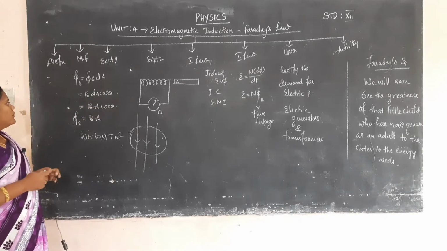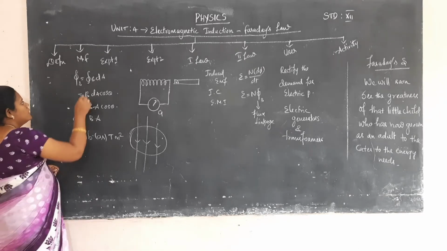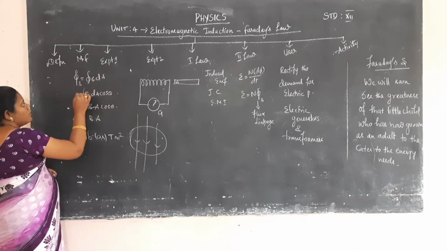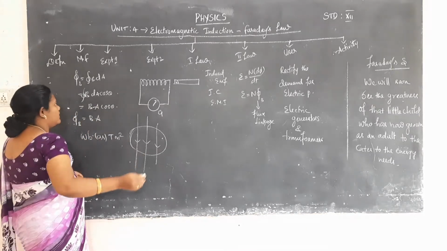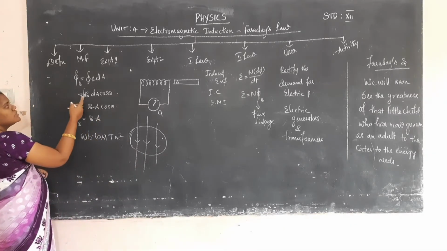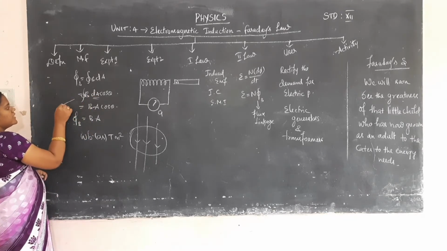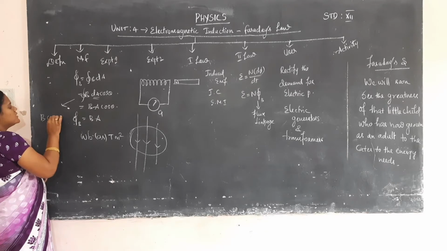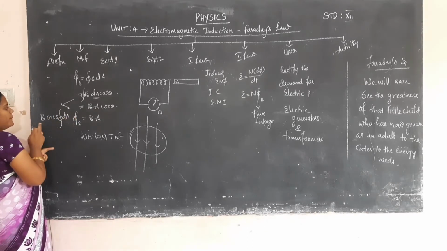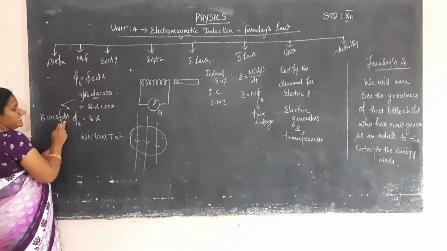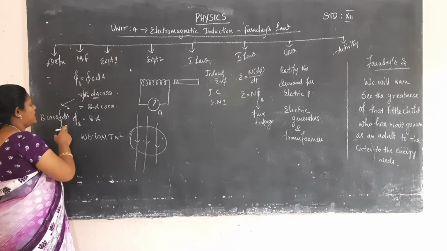We take B cos theta outside, and we have to calculate the integral for dA. So B cos theta times the closed integral of dA. The integral of dx is equal to x, so the integral of dA is equal to A.